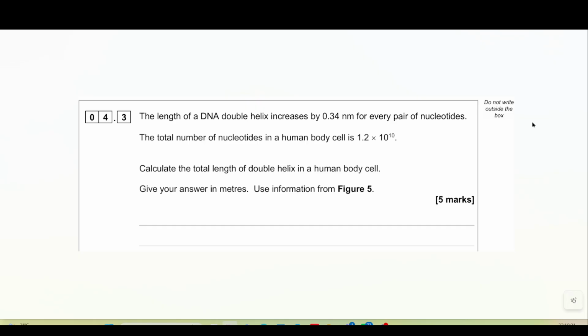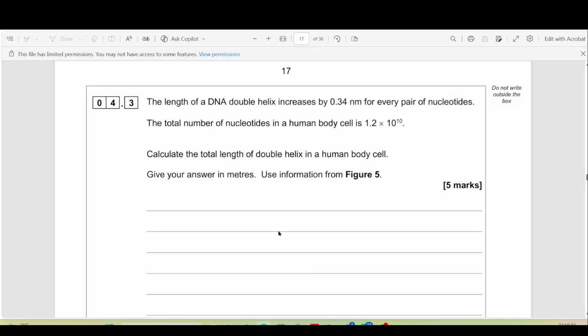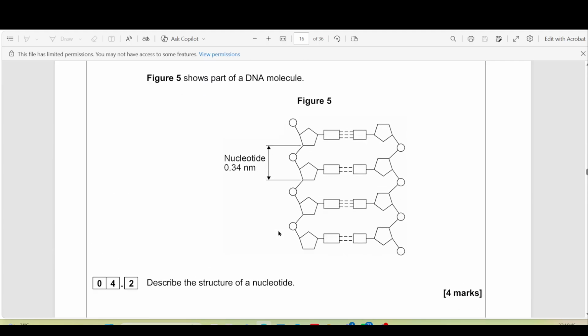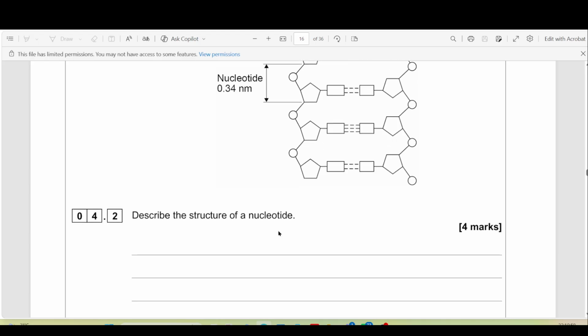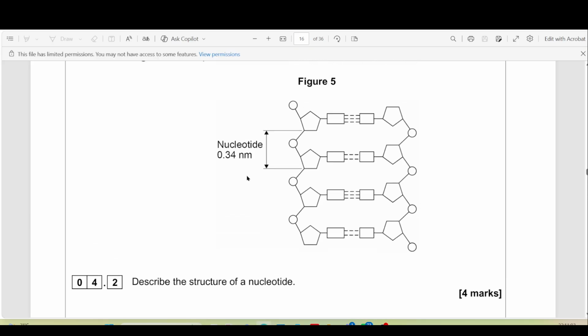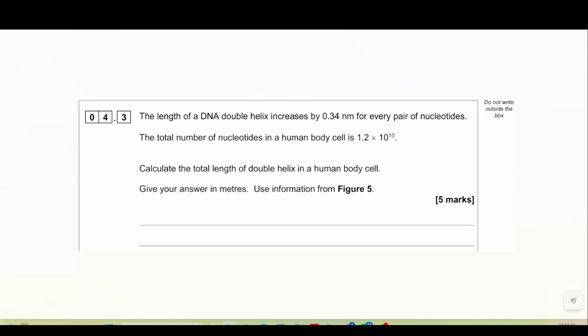So the length of the double helix increases by 0.34 nanometers, as you can see given here, for every pair of nucleotides. This is fixed.